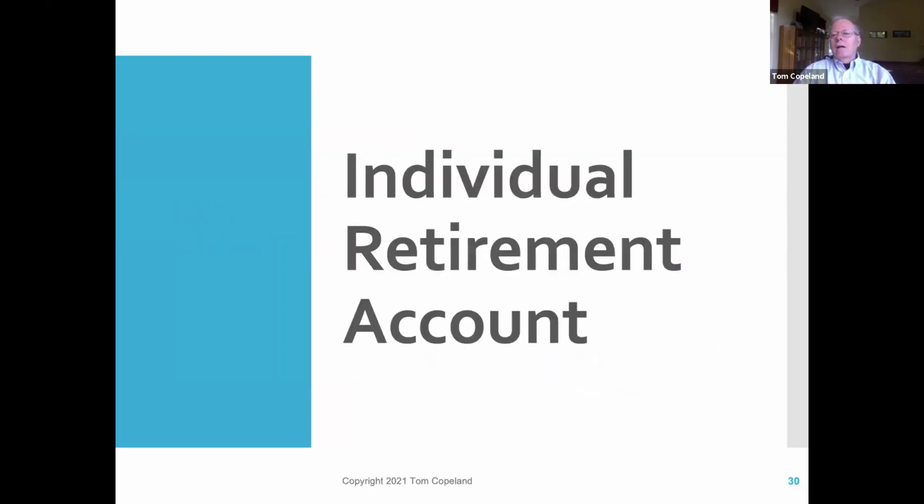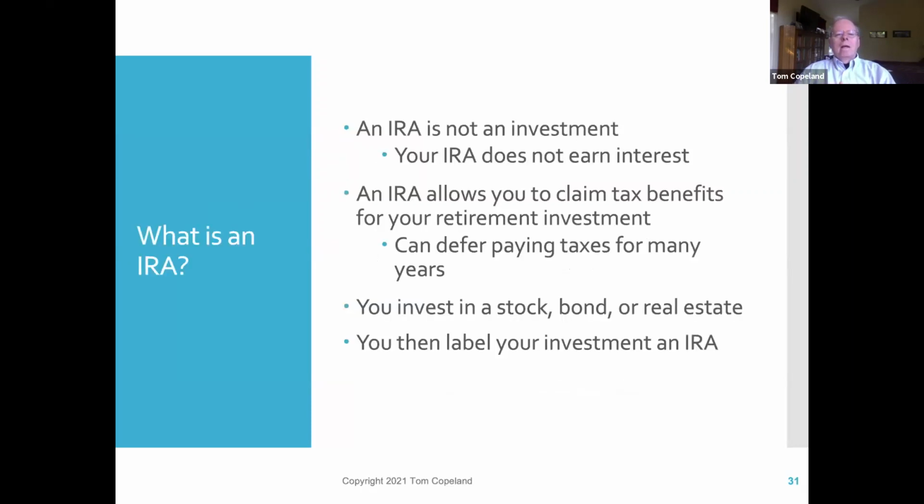Now let's talk about the particular individual retirement accounts. An IRA is the biggest tax benefit you'll get in your life. It allows you to postpone paying taxes on interest that you're earning, which is a big deal over many years.